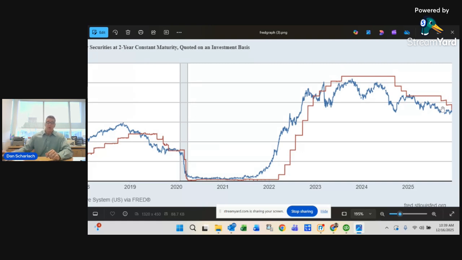Okay, so this is just FYI, nothing that we can use here to make decisions off of specifically. But if we're interested in knowing what direction rates are headed from here, we need to try to have a good understanding of where future growth and inflation expectations are headed. So if they're headed down, interest rates are probably going to be headed down.